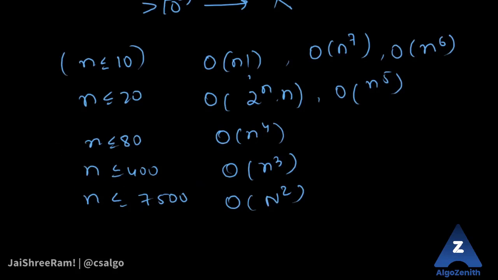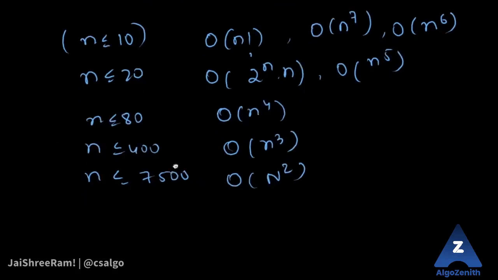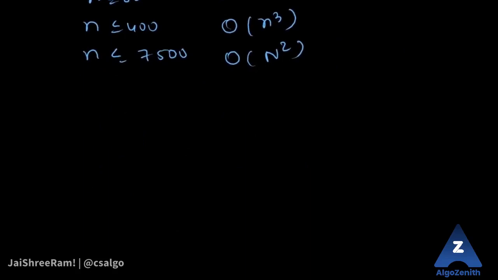Similarly, if we try to write some more possible expressions, if n is less than or equal to say 10 to the power 5, these days order n square root of n passes most of the cases.